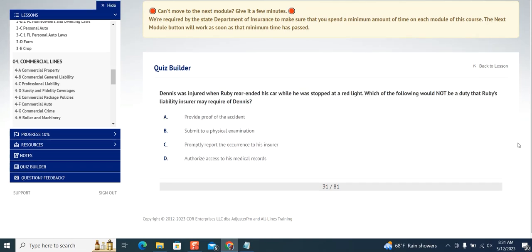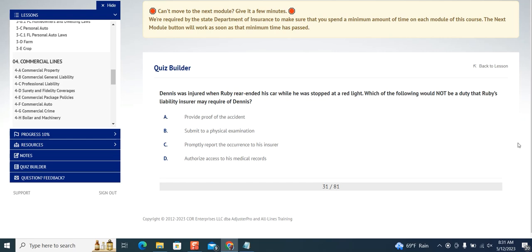Dennis was injured when Ruby rear-ended his car while he was stopped at a red light. Which of the following would not be a duty that Ruby's liability insurer may require of Dennis? He's definitely going to provide proof of the accident.